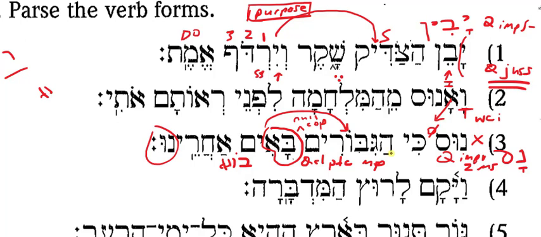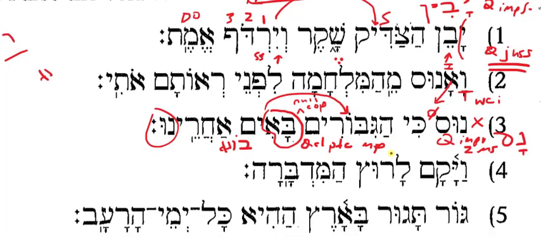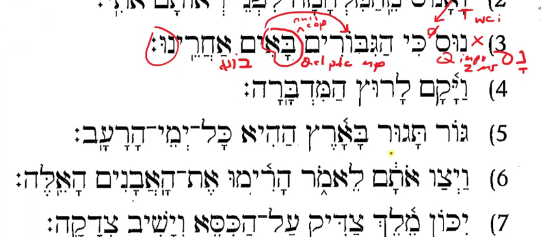Anybody else have a question about anything on the homework here? Number 5, yes. Okay, let's read this together. Ready? Gur tagur ba'aretz hahi kol yamei hara'av. All right, so Teo, how did you struggle with the first 2 forms here? Why do we have 2 forms of this verb here?